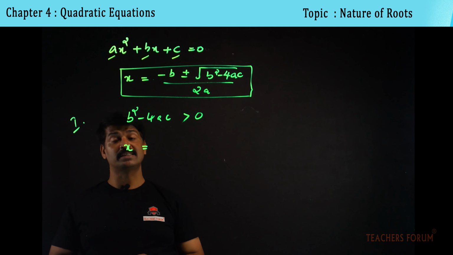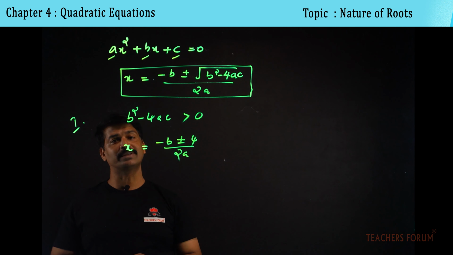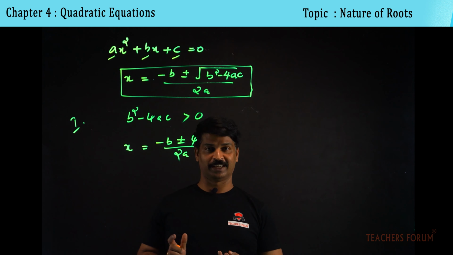So the square root of 16 is equal to 4. So according to the equation, x equals minus b plus or minus 4 by 2a. You know what is b and you know what is a. You have to substitute that. Here you will be getting two values. The first value will be minus b plus 4 by 2a. The second value will be minus b minus 4 by 2a.